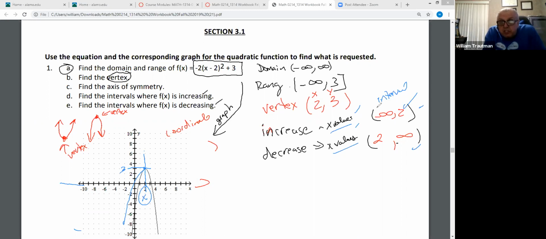It starts at negative infinity and it stops at x equals 2. Then it starts decreasing at 2, and it decreases all the way to infinity. Down there is negative infinity, but that's the y values. We're talking about the x values. This graph moves down and to the left, and it goes all the way to infinity, and it's decreasing.